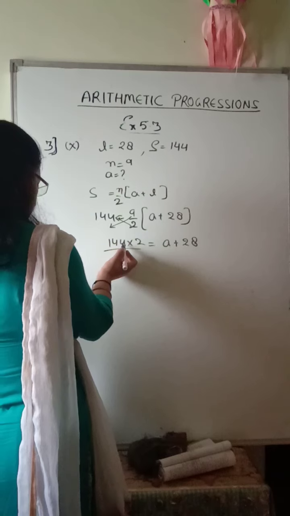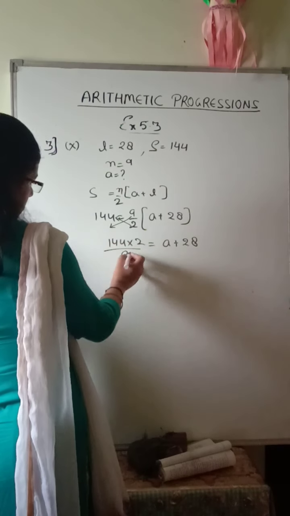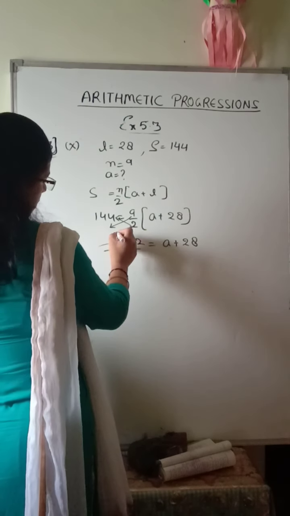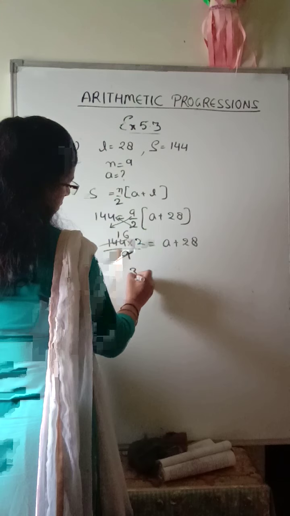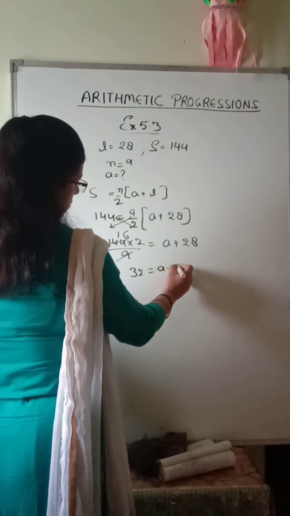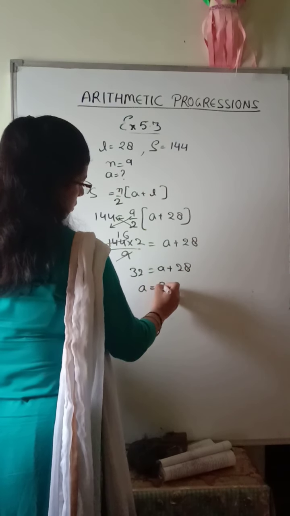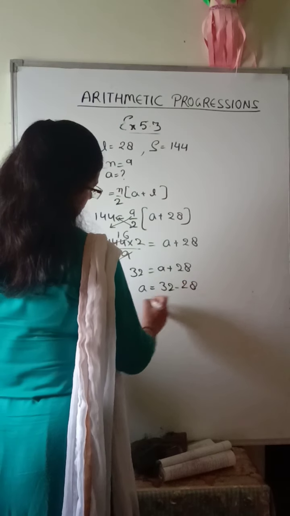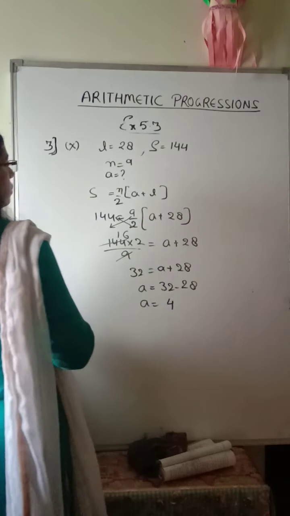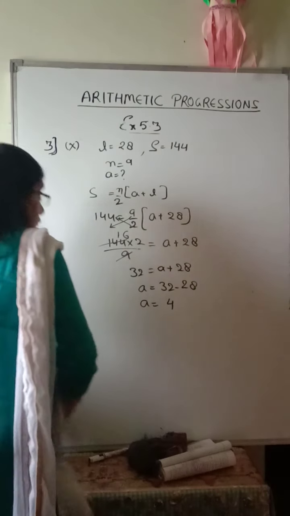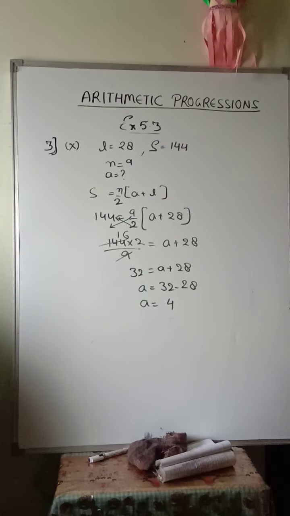It will cancel. 8 9, yes. 9 1s are 9, 5 54, 9 6 are 54, 16 2s are 32 equals to 8 plus 28. So a is equals to 32 minus 28. So a is equals to 4. Okay, so this only we have to find. So what is the value of a?